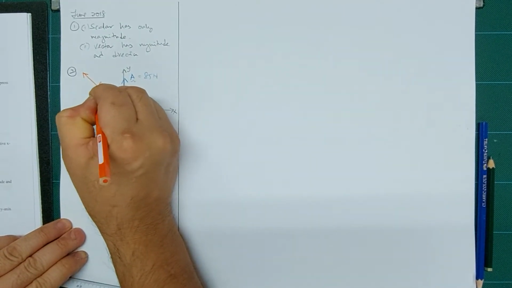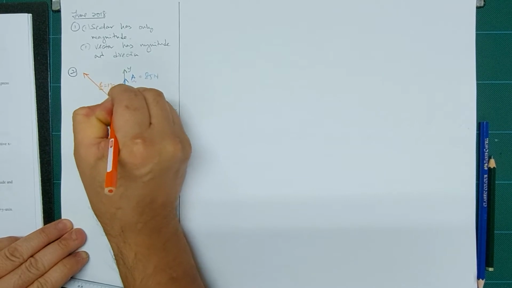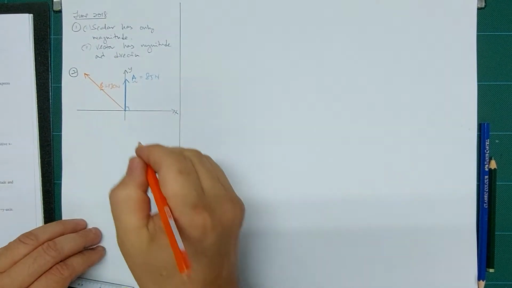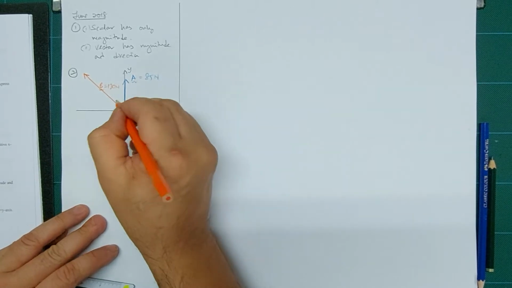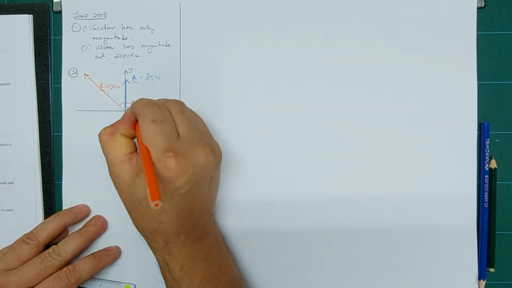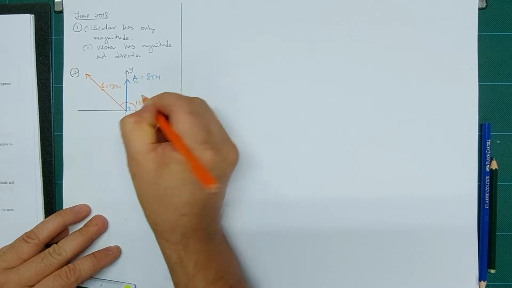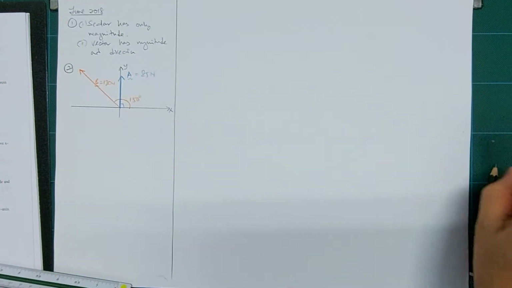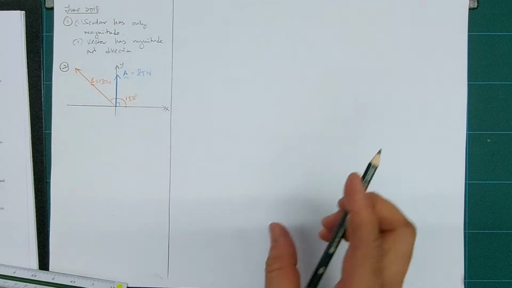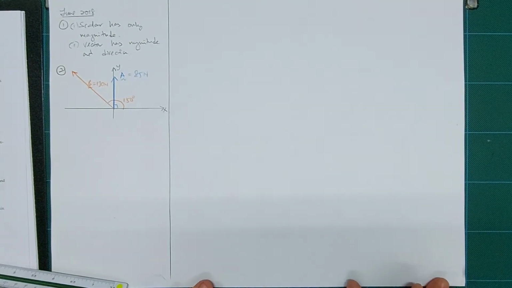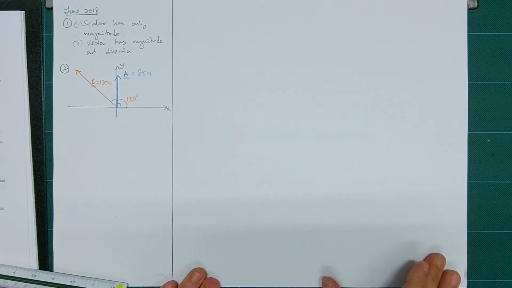So vector B is equal to 130 newtons, and this angle here is 150 degrees, in orange color. After that we can find their respective components. The easy one is A, which is itself a vertical component.